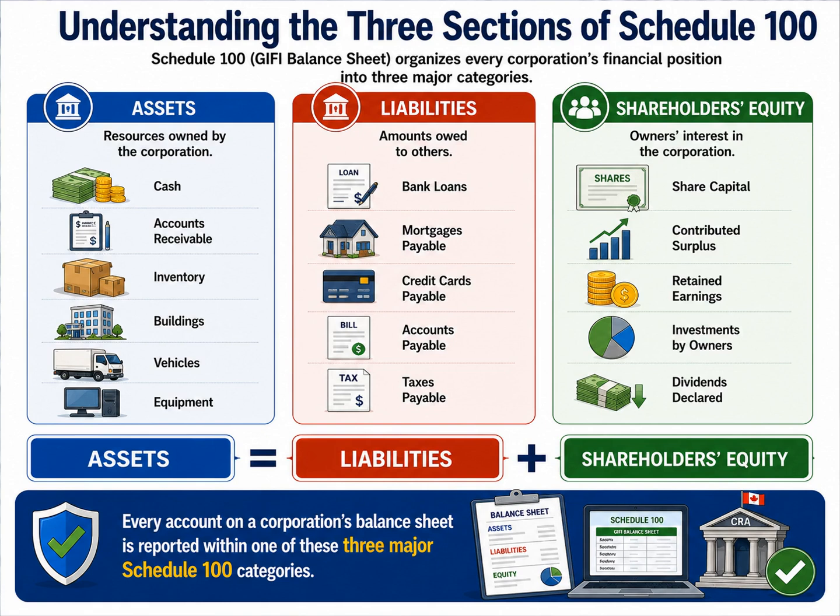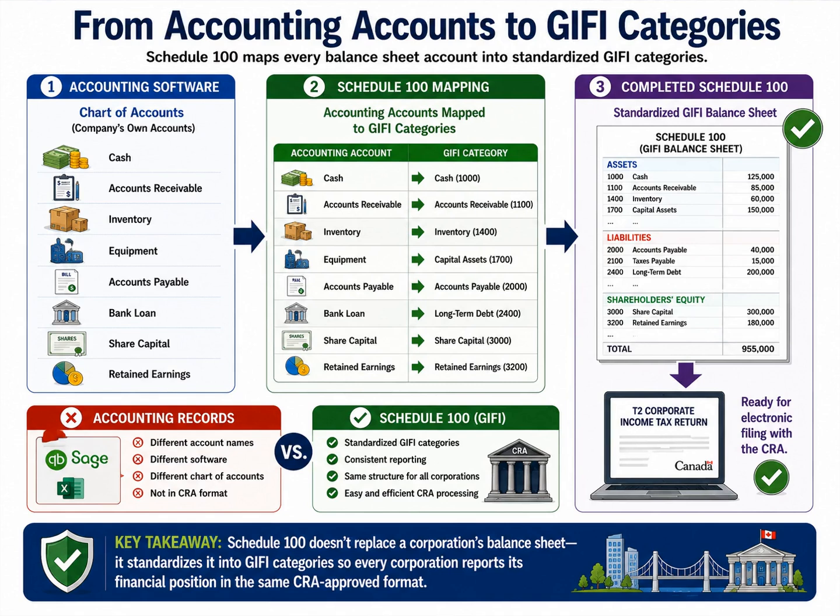The key takeaway is that Schedule 100 doesn't introduce a new accounting concept, it simply organizes a corporation's balance sheet into the standardized GIFI format, while preserving the fundamental accounting equation. Understanding these three major sections makes it much easier to understand how financial information is reported on the T2 corporate income tax return. Every corporation maintains its own chart of accounts.